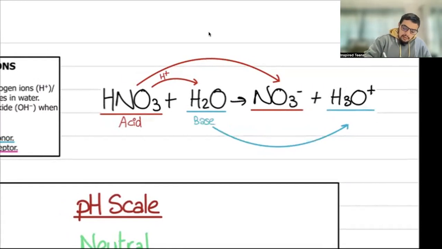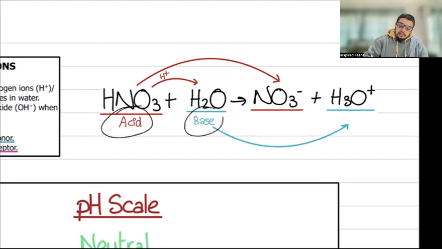This compound, HNO3, is donating. We saw what it became on the right-hand side. It lost a hydrogen, which clearly means that it had to donate that hydrogen. And this one, H2O, is the compound that is receiving that hydrogen. So this is acting as a base essentially.